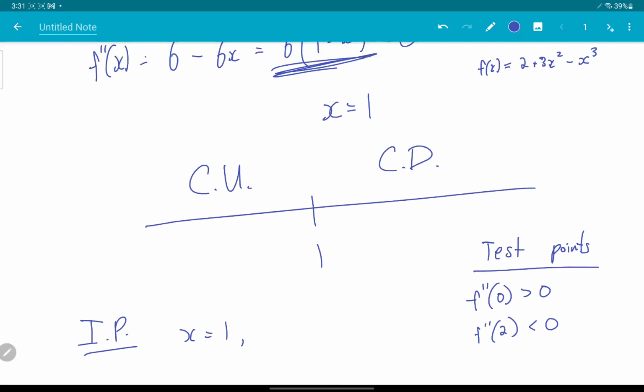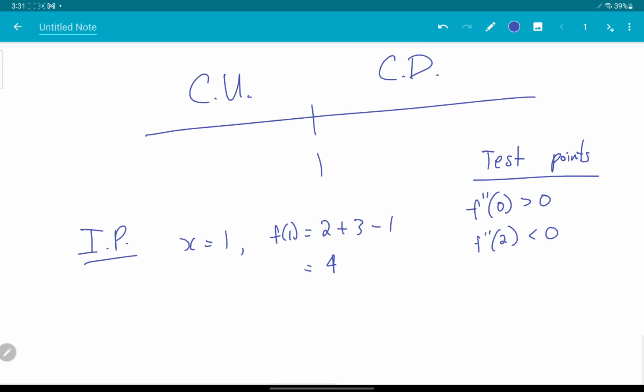Okay, so an inflection point is a point. It has an x value and a y value. So here's the x value. And the y value is, well, I plug 1 in here, and I get 2 plus 3 minus 1, which is 4. So the IP is (1, 4).